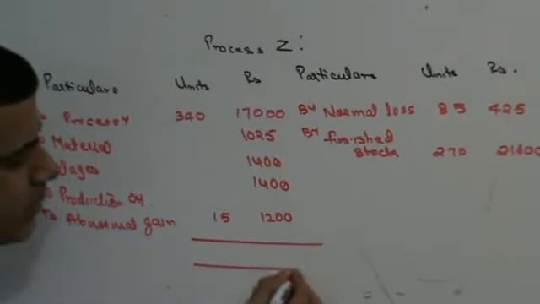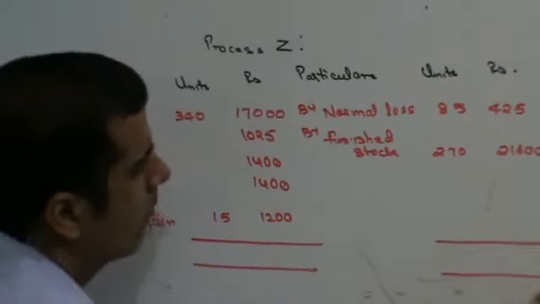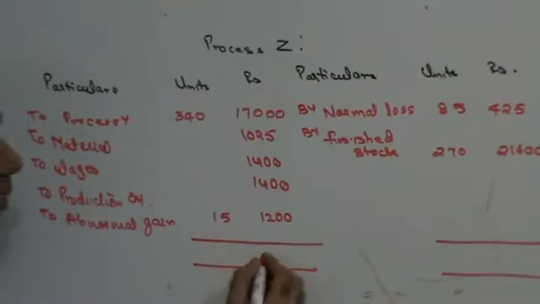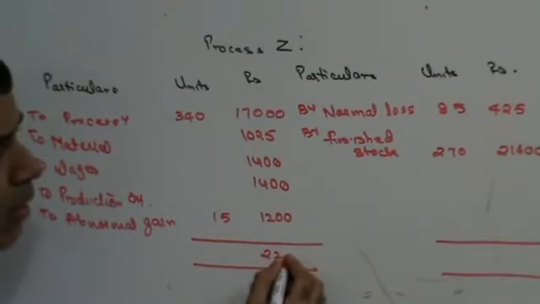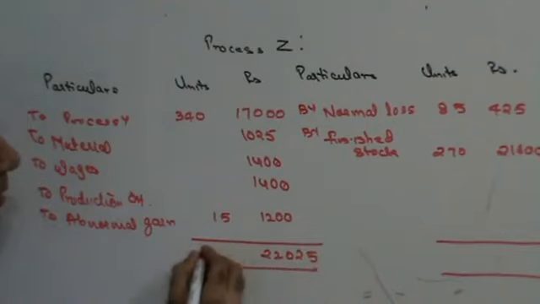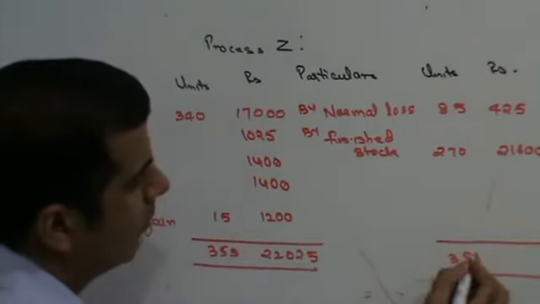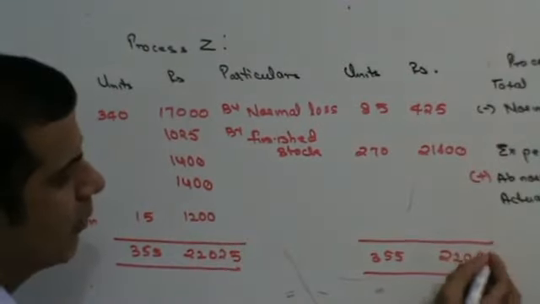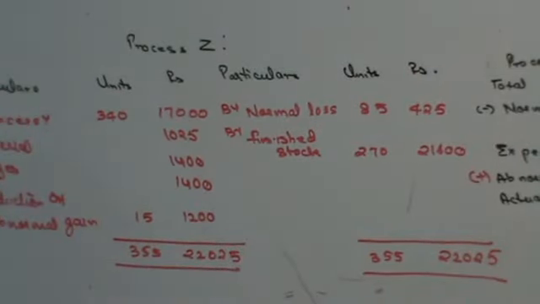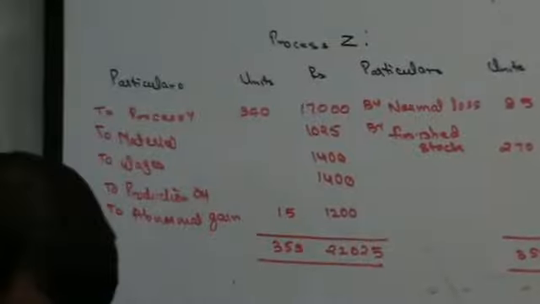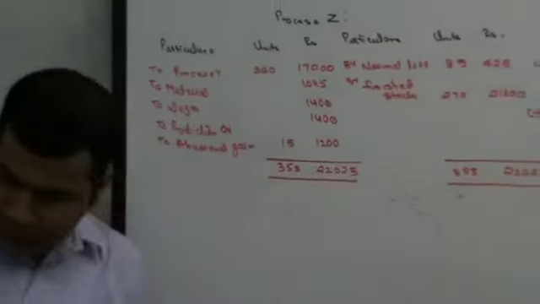Tally this. 22,025. This is how much? 22,025. 340, 355, 355 and 22,025. Right?